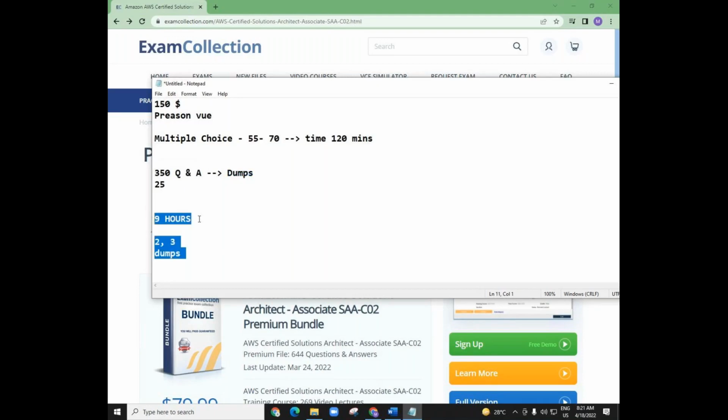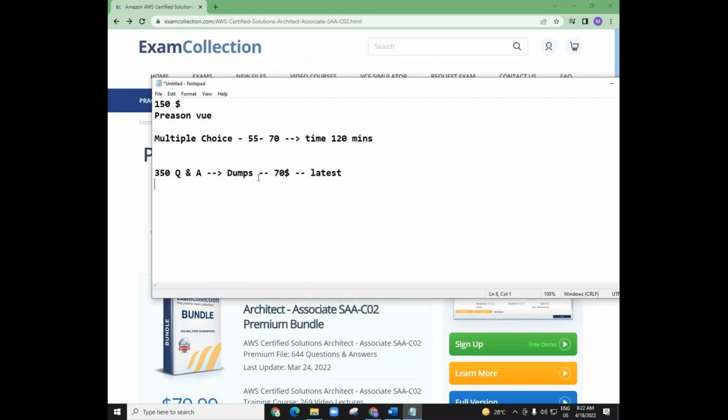Dumps, like I said, will cost you around $70. These are your latest dumps. Latest dumps means, if you take this $70 dumps, you should write your exam within the next 1 month, within 30 days, then only the questions will come from the dumps. But suppose you take dumps today, 18th April, and you plan to go for the examination in July, after 3 months.